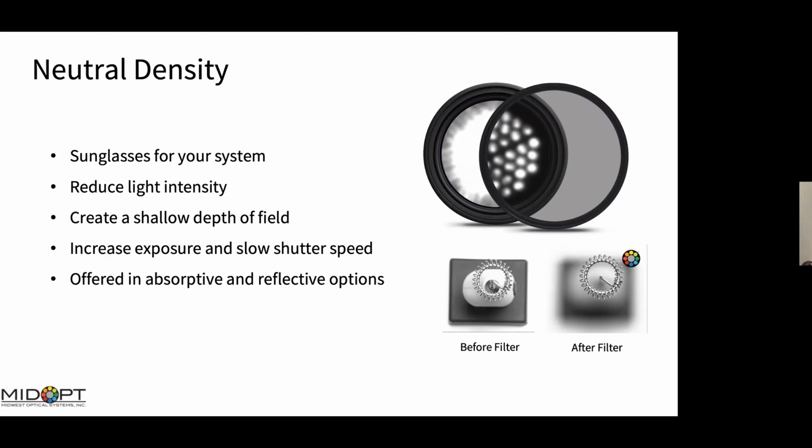So if you have an outdoor application where there's too much sunlight saturating your image, or maybe you're looking at something like a welding application, and there's so much bloom saturating your image, and again, too much light, neutral density filters help to reduce that transmission and bring down that light intensity.